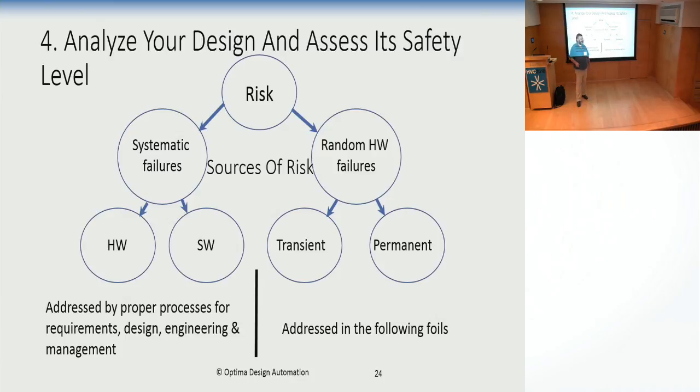Less obvious. We start by partitioning them into the two big groups of random failures. Transients, the ones that come and go, and after they are gone, but while they are there, they might do something bad. And permanents, which are like a wire breaking, a transistor blowing out, something which is a damage and it's damage for good.